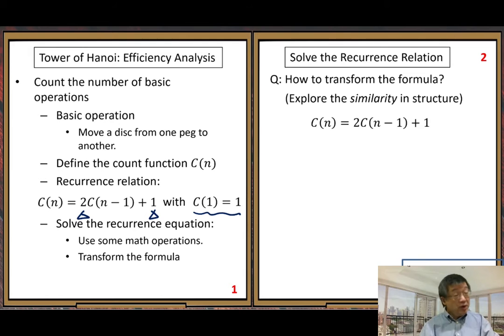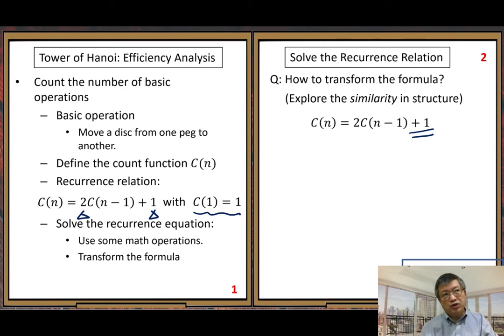When you look at this formula, left-hand side, right-hand side, they have different mathematical structures, right? Because the right-hand side has plus 1, and the left-hand side doesn't have plus 1. So they have different structures. How to explore similarity of structures, how to make both sides have the similar structure? That's the direction we want to go.